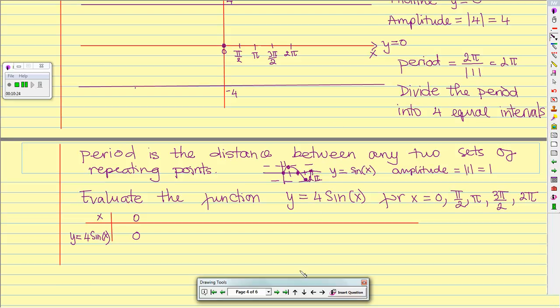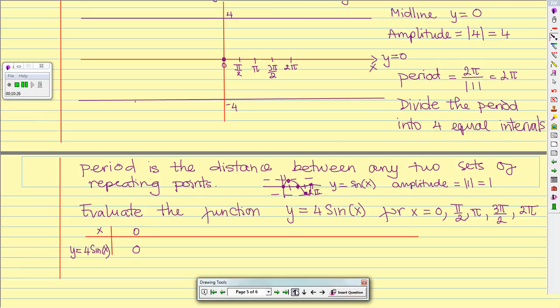So you can see that the first point will stay the same right here, 0, 0. But if x is pi over 2, sine of pi over 2 is 1, or sine of 90 degrees is 1. So now 4 times 1 will be 4. So the point will go to the y maximum with 4.